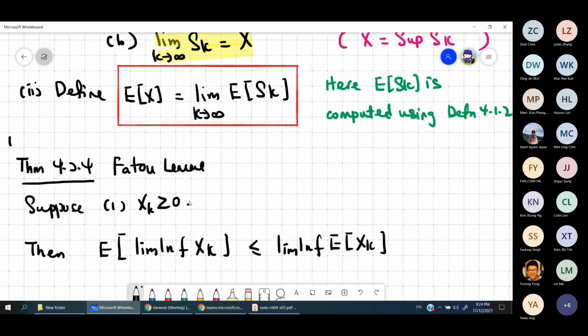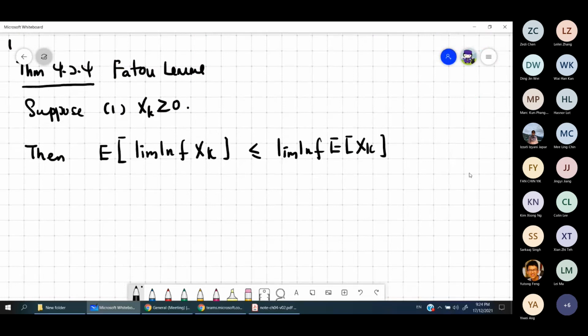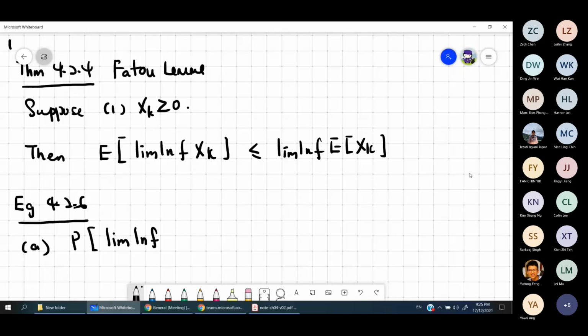So forget about the next theorem. Let's look at this example first. Let's jump to example 4.2.6 first, part A: P of the limit inferior of Ak is less than or equal to the limit inferior of P of Ak.